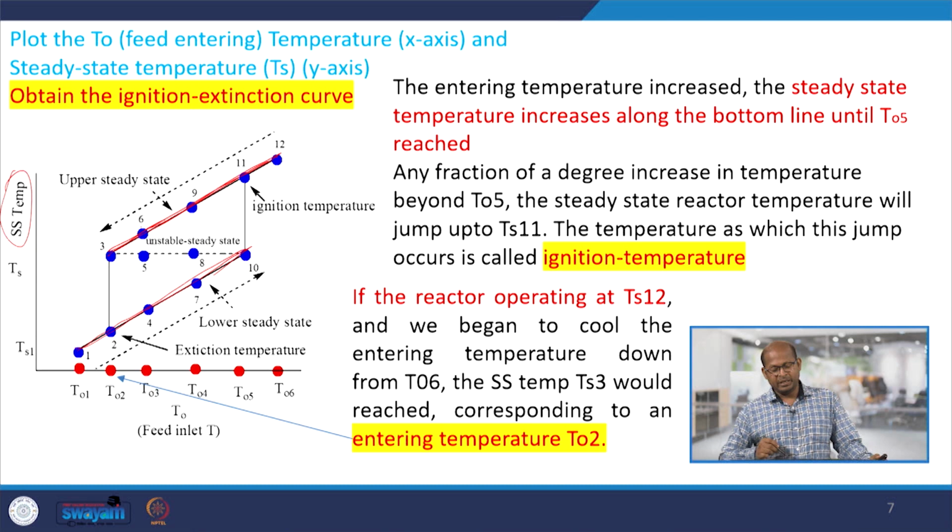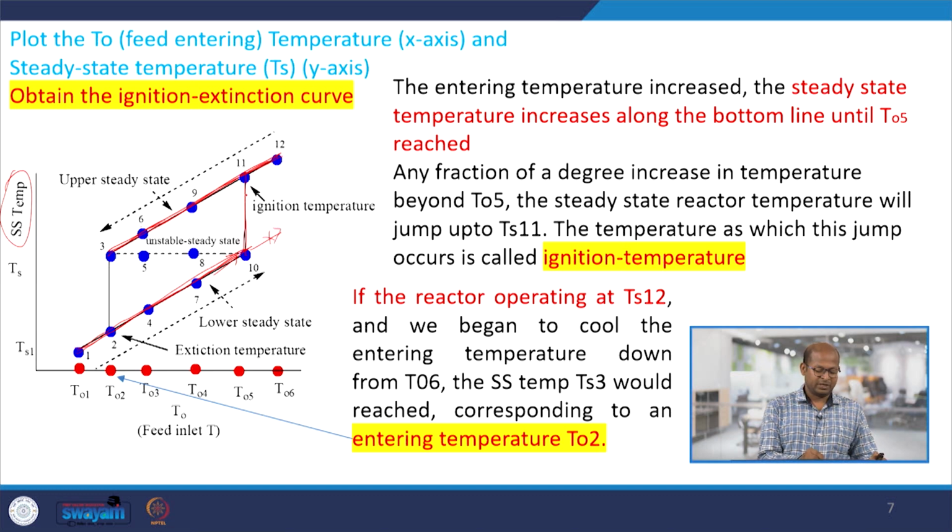Now, it has been observed that if we start the reaction with the feed inlet temperature from here and gradually increase it, there is a sudden jump from 10 to 11, and then it reaches here. After 10 we would expect it to continue like this, but that does not happen.